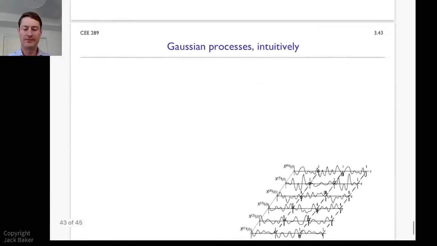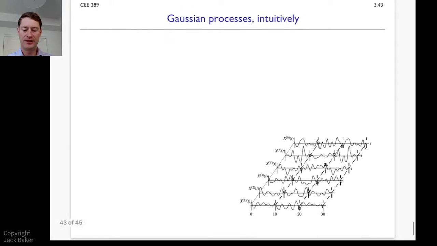All right. Here's kind of an intuition to think about what that means if we've got a Gaussian process. So here's my cartoon of the realizations of a stochastic process. And if we think about two points in time, say 10 and 20, off of these plots, we say, well, what's the joint distribution of this process if it's Gaussian? What does the joint distribution look like for these two points in time?